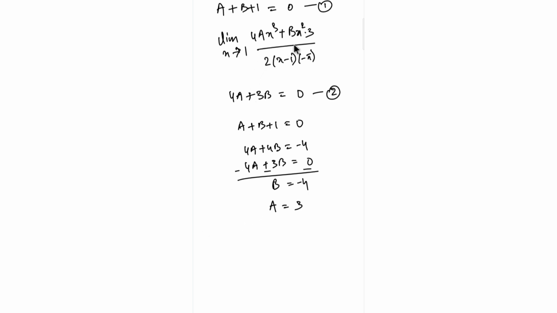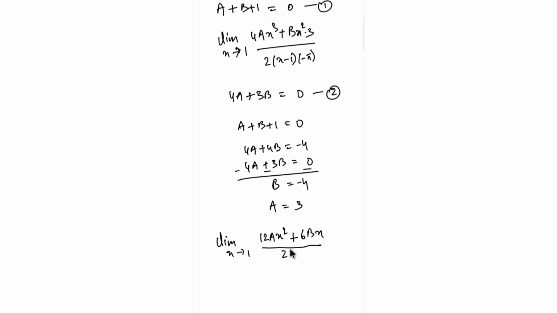Again you must use the L'Hôpital rule, because it's 0 by 0 form. So it comes out to be limit x tends to 1, 12a x square plus 6bx divided by 2 of minus pi, isn't it?